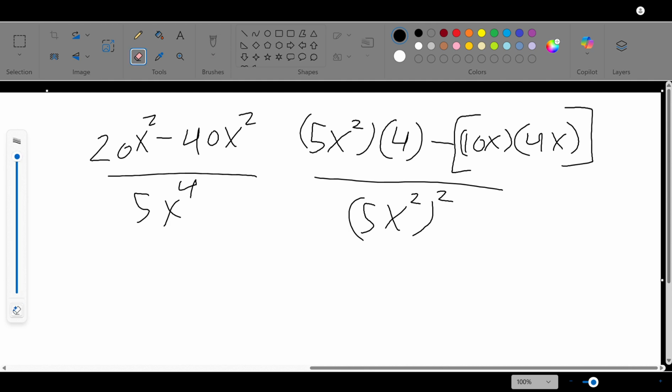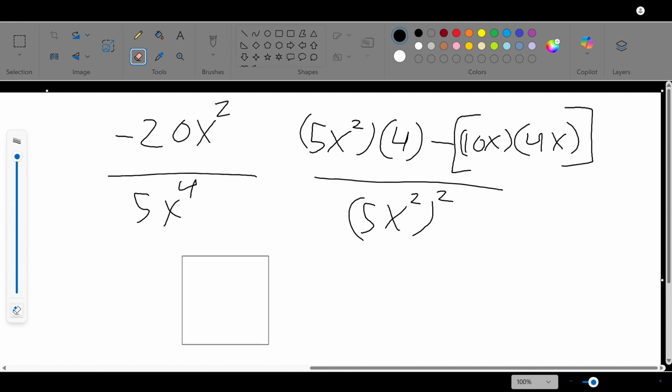Here you can simplify further, and it's just negative 20x squared. And that would be the answer right here.